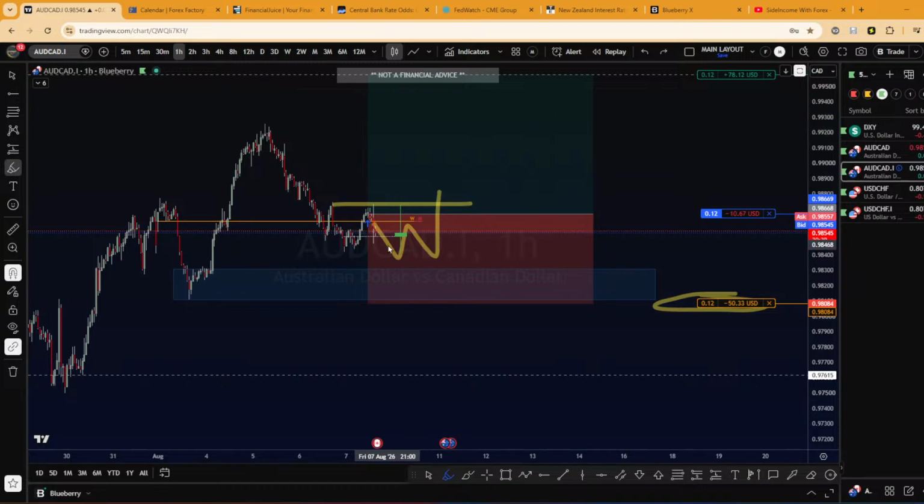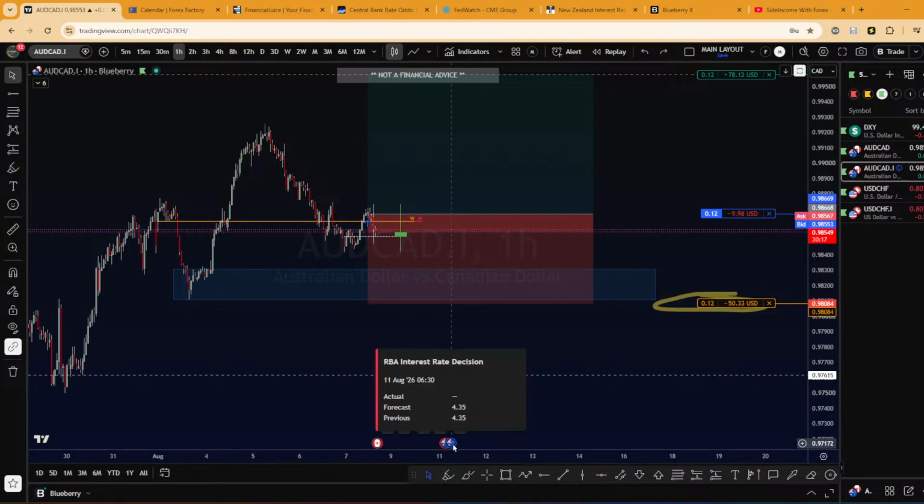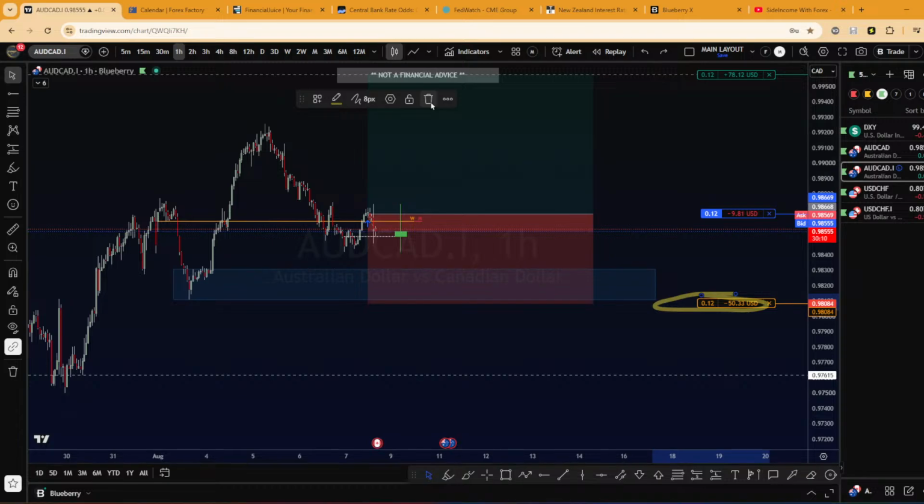But given that we had strong data, a strong job report on Canada, I will not add another position. I will wait for the next catalyst, which will be the interest rate decision from the RBA next week, which will help me decide if I want to reinforce this position or not. Okay, if it makes sense.